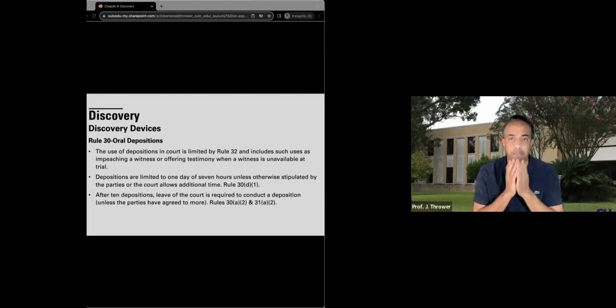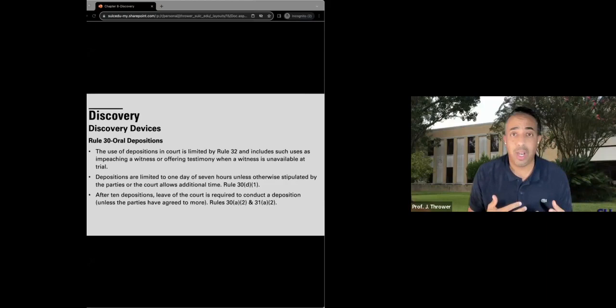What this means is that if a deposition is taken of a particular witness, and that witness also testifies at trial, let's assume that at trial the witness offers testimony that was different from the testimony that was offered during the deposition.